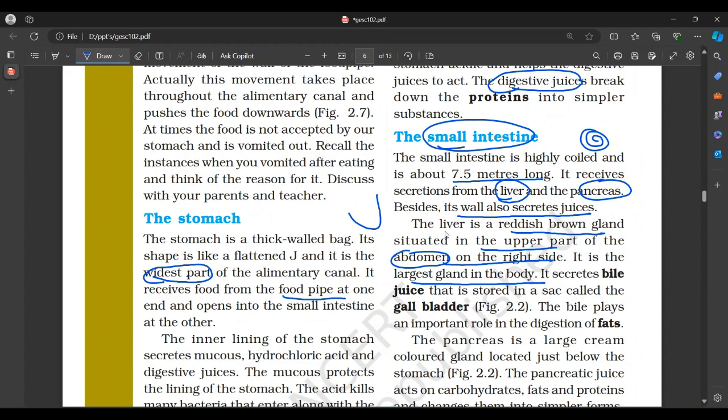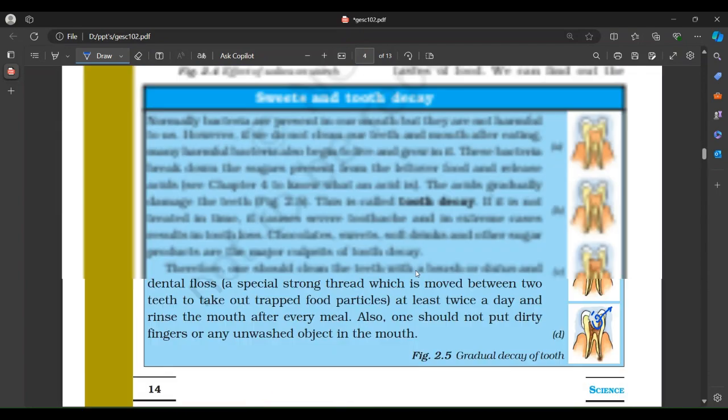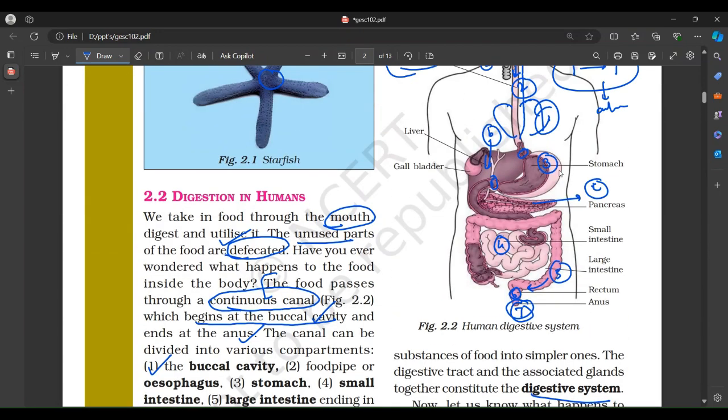Remember, the liver is the largest gland in the body, as it secretes bile juices that are stored in a sac called the gallbladder. I'll show you where it is: the liver, gallbladder. So the liver is here, and what does it secrete? Bile juices, which are stored in the gallbladder. This is the gallbladder.